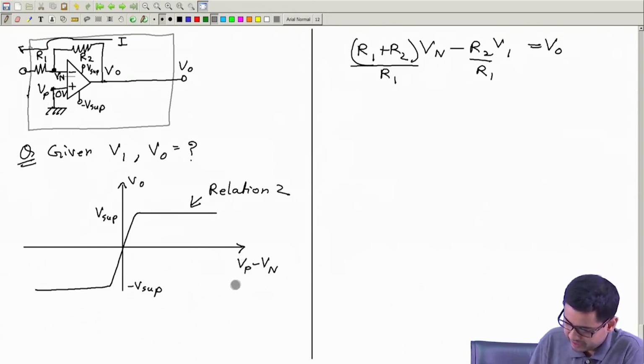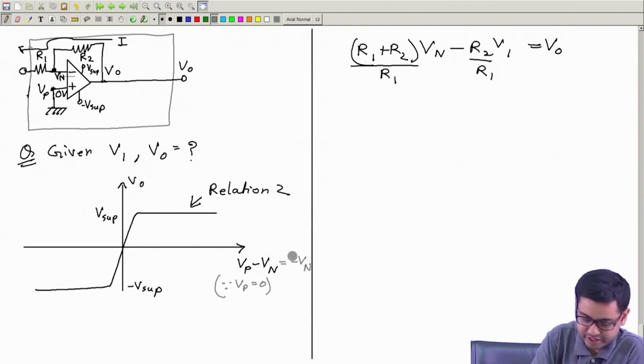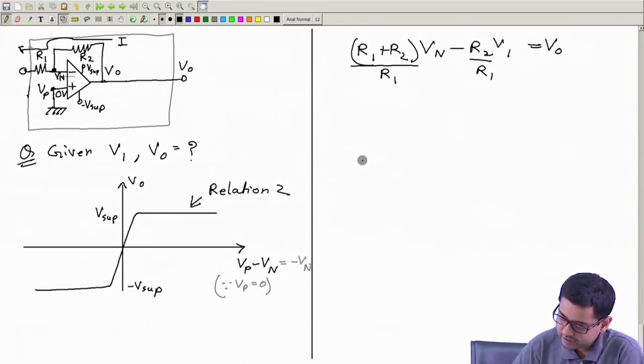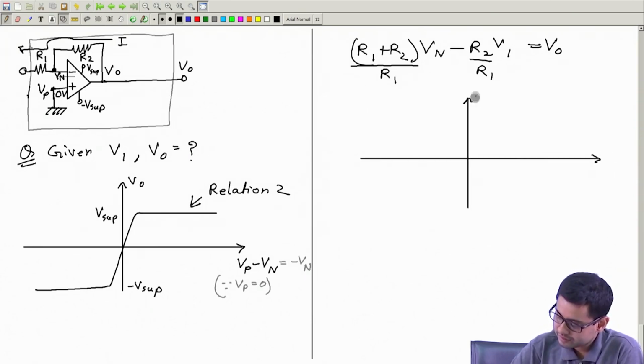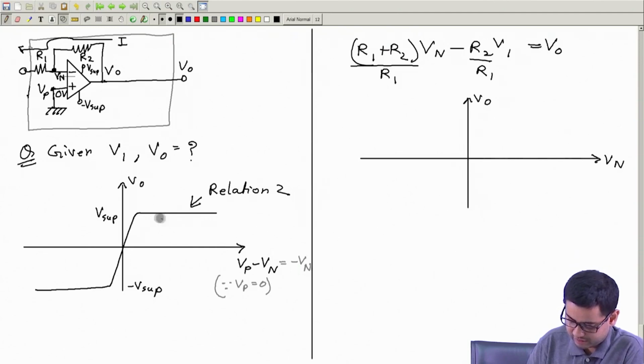Therefore the x-axis is the same as minus Vn. Now if I want to make this minus Vn into plus Vn, what I have to do is simply swap this, or make a mirror image of this diagram like this.